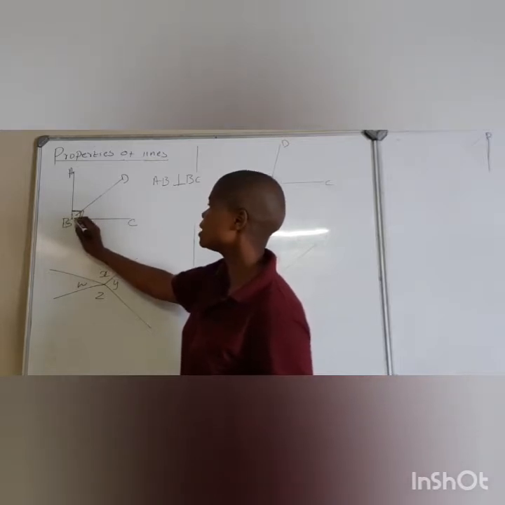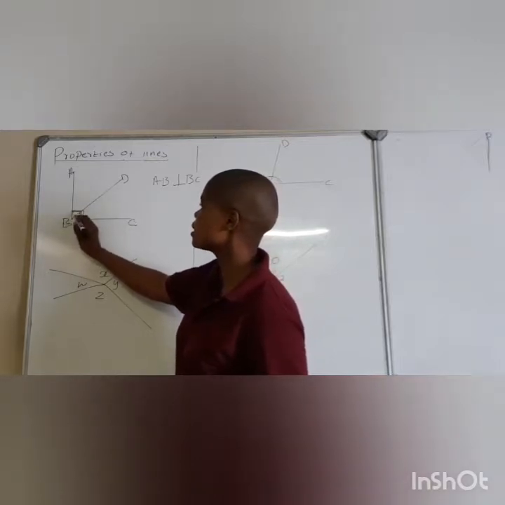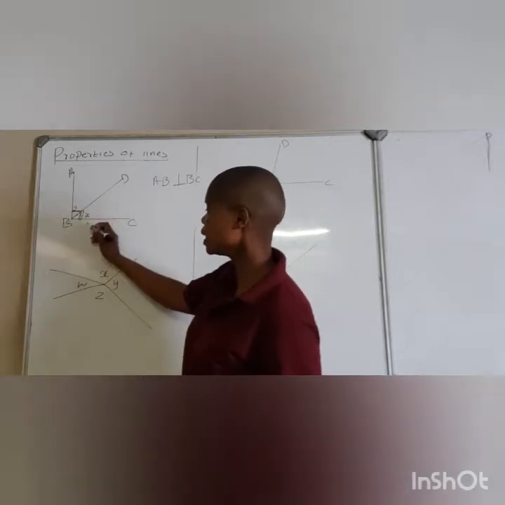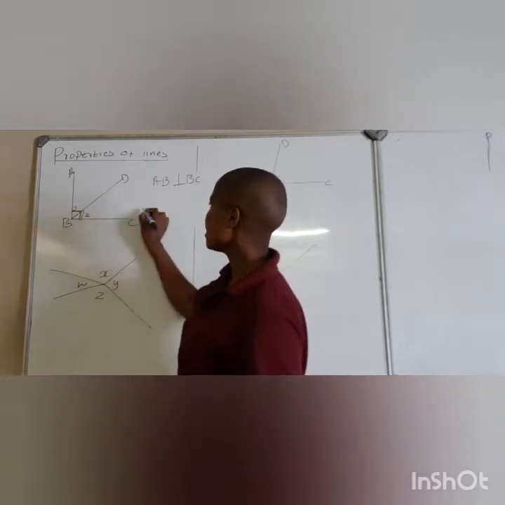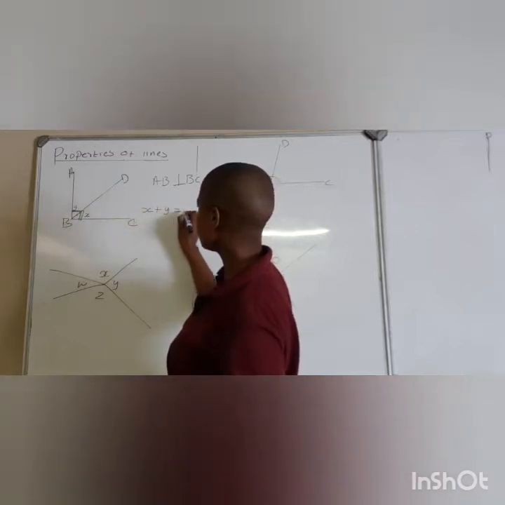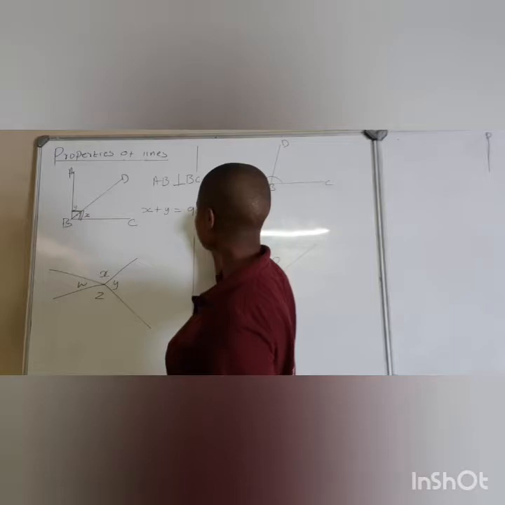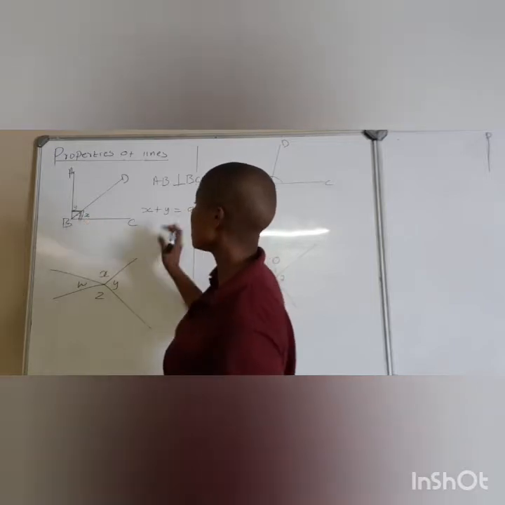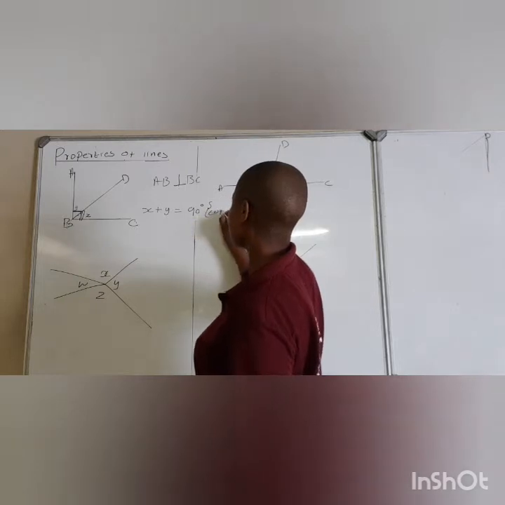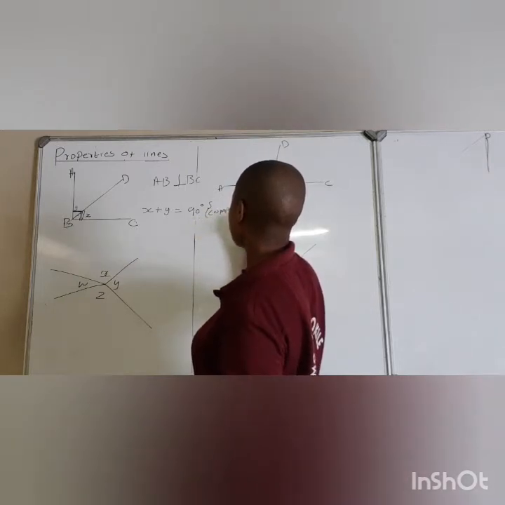And for the fact that there are two angles here, let's say that's angle Y and there's angle X. When you add angle X with angle Y, it will give us 90 degrees. Why? Because they are complementary angles. That's what we mean when we say the angles are complementary.